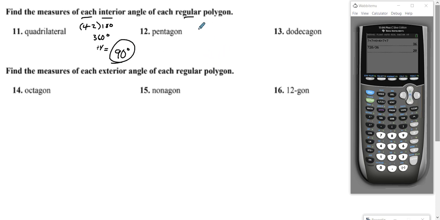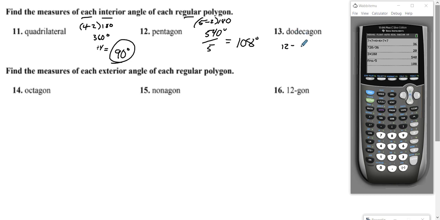Okay, a pentagon, 5. 5 minus 2 times 180, 3 times 180, 540. So the sum is 540, but there are 5 of them, so 540 divided by 5 is 108. So each one would be 108 degrees. A dodecagon is a 12-sided object.